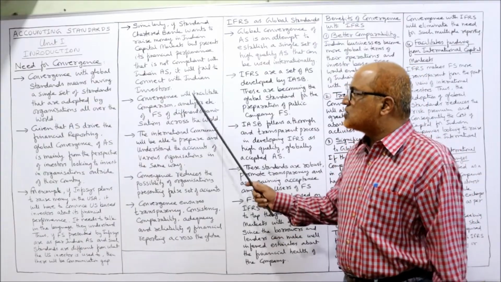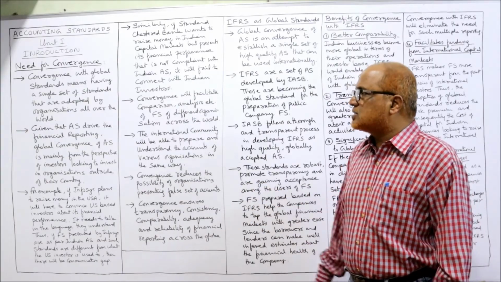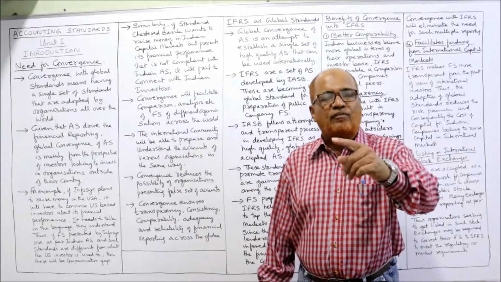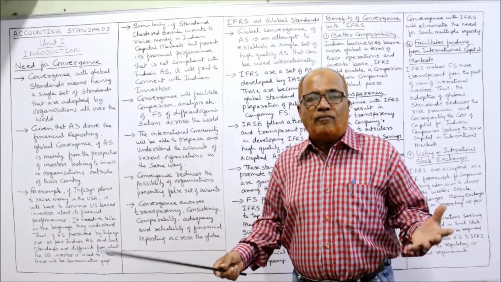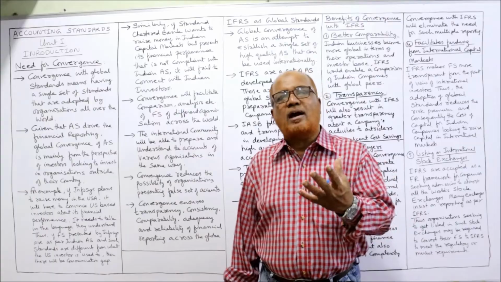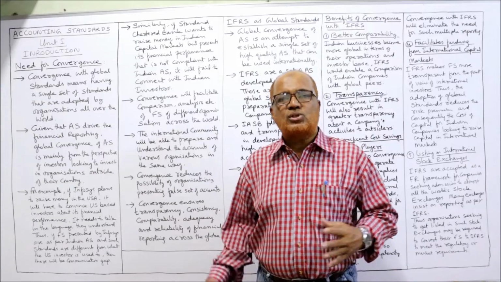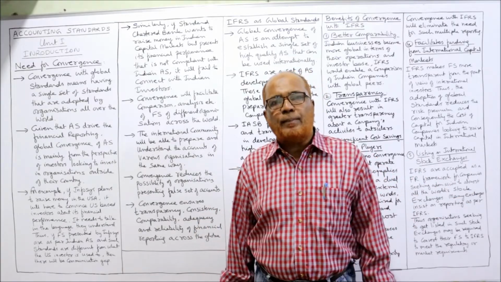So this convergence will help in making the comparison, in making analysis of financial statements of different organizations throughout the world. We will be able to compare. For example, if our Indian company makes financial statements according to the convergence of Indian accounting standards and IFRS, then what will happen?